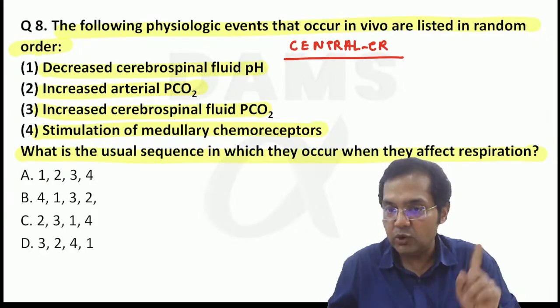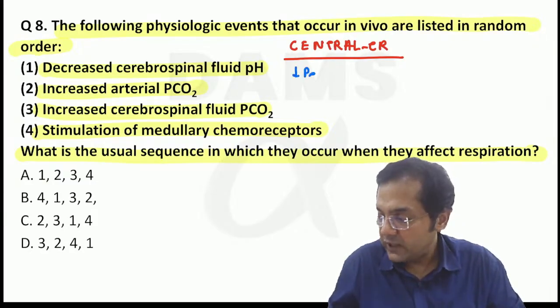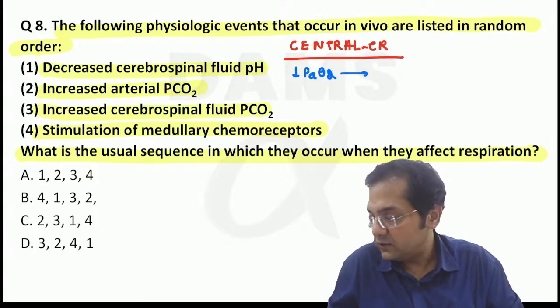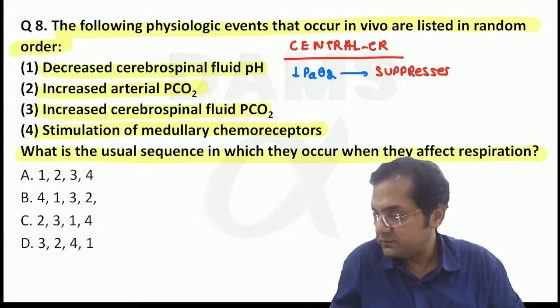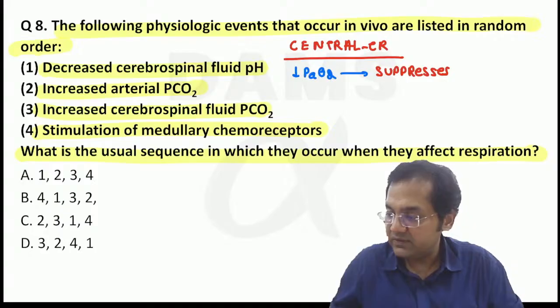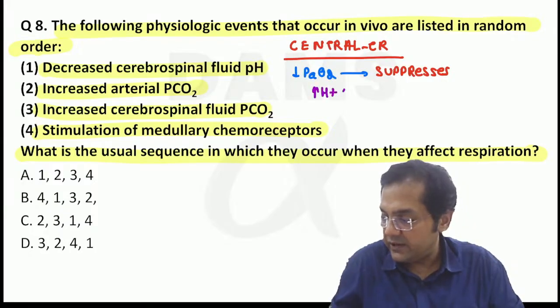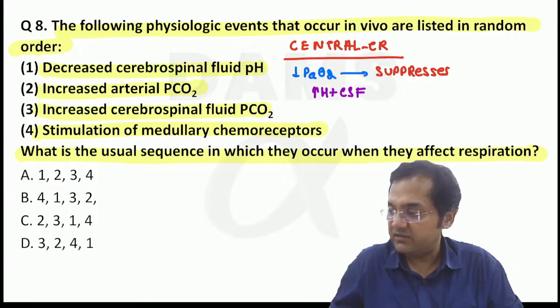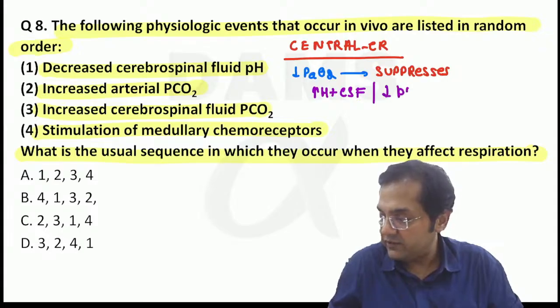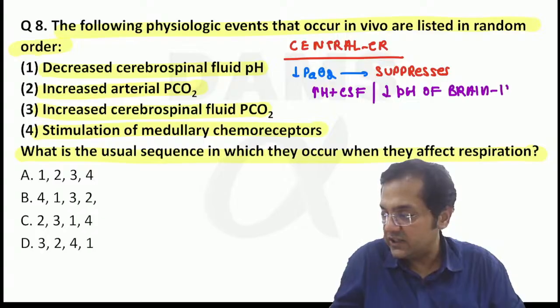Don't say hypoxia. Hypoxia rather suppresses the central chemoreceptor. What is the primary stimulus? Increased hydrogen ion in CSF, or decreased pH of brain interstitial fluid.